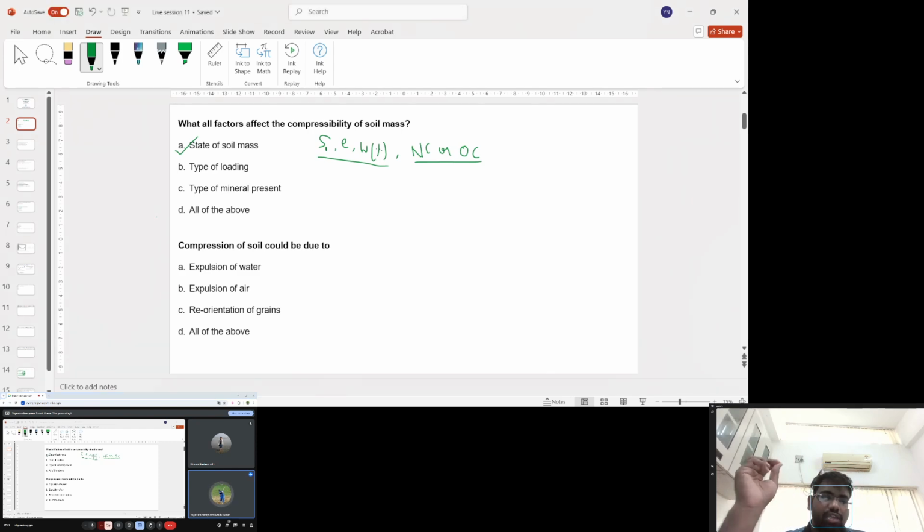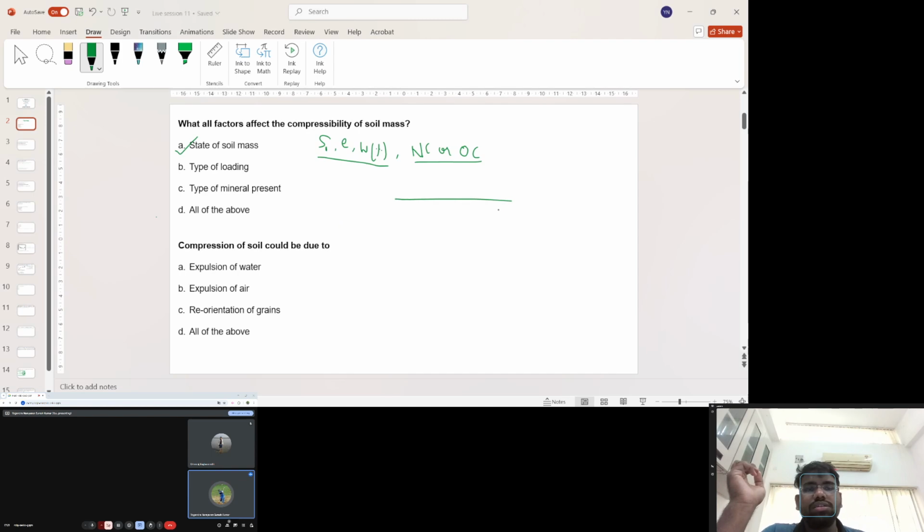If you have a soil mass, let this be the layer here. Type of loading need not only be the load which is getting applied, though that is one type of loading. If you are applying an external load, let us say some sigma V applied, and you consider the compressibility of this layer, obviously it is going to compress more.